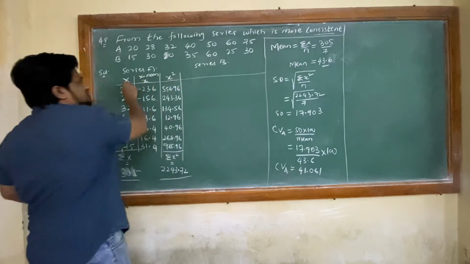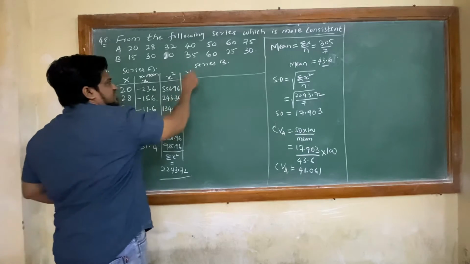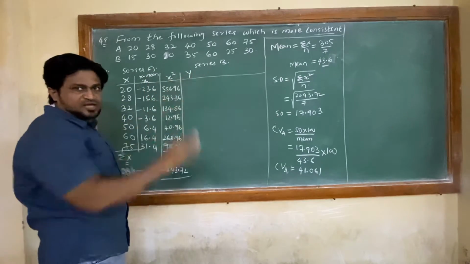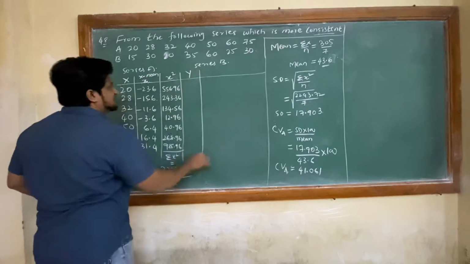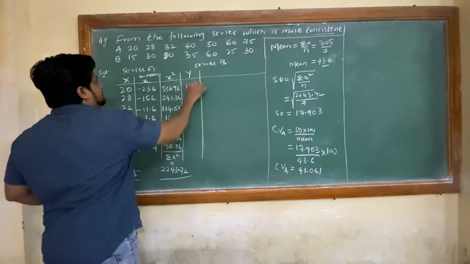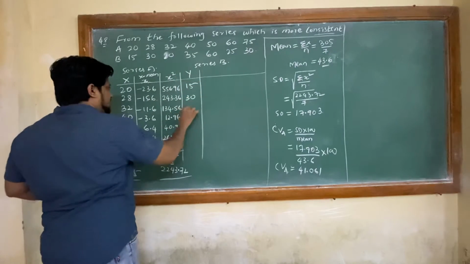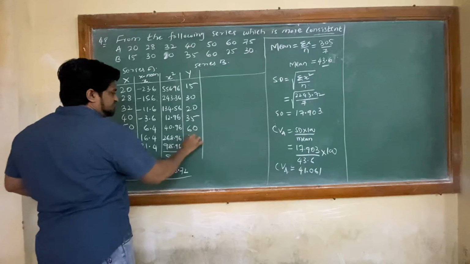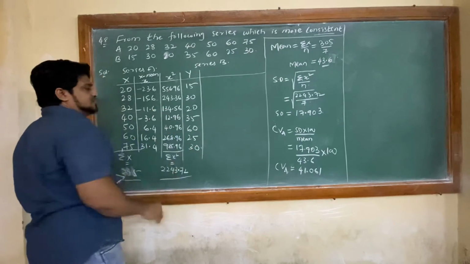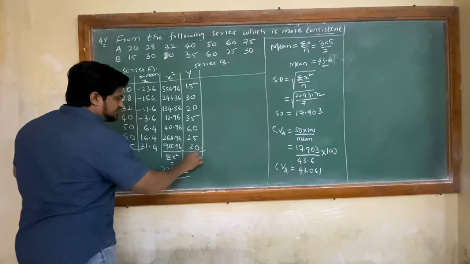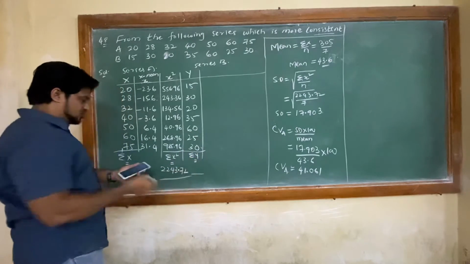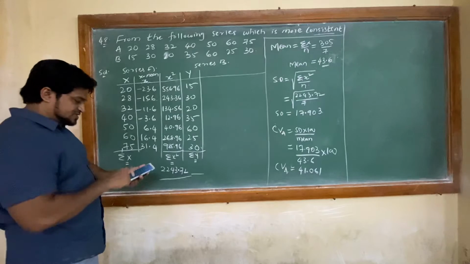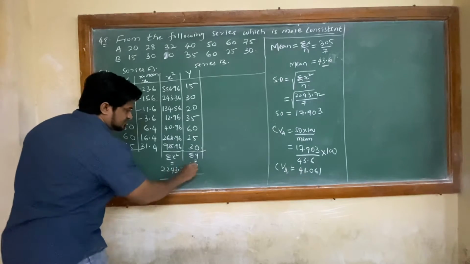Because we have already used these x variables, you can take y variable, or if you want you can take x variable again. I am taking y for this value, the second line: 15, 30, 20, 35, 60, 25, 30. Now summation y means total of these values. Summation y is 215.